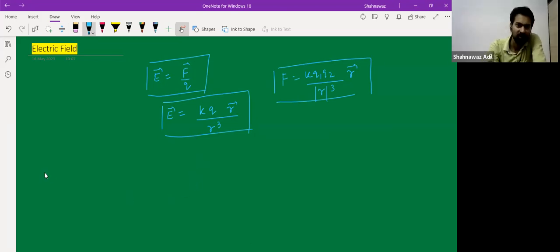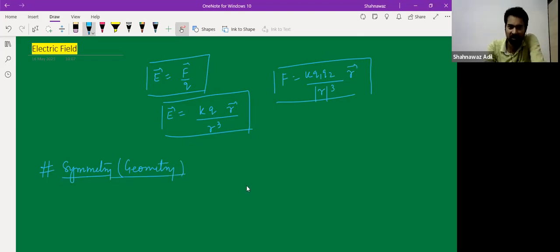Okay. So the first thing about this electric field is the symmetry. Whenever you have this geometrical symmetry, you will have some neutral point. Neutral point meaning that your electric field will be zero, right?